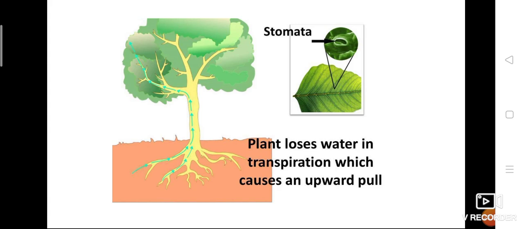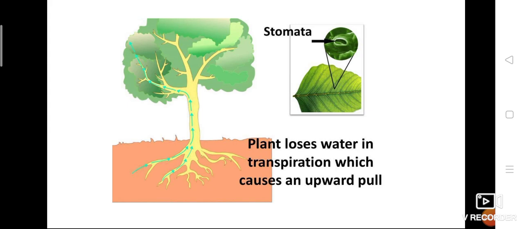See, in this picture a tree is given and the roots are embedded within the soil. If I pour water for this tree, the roots start to absorb the water, and that water and the minerals present in the soil both travel through xylem and go to all parts of the plant.